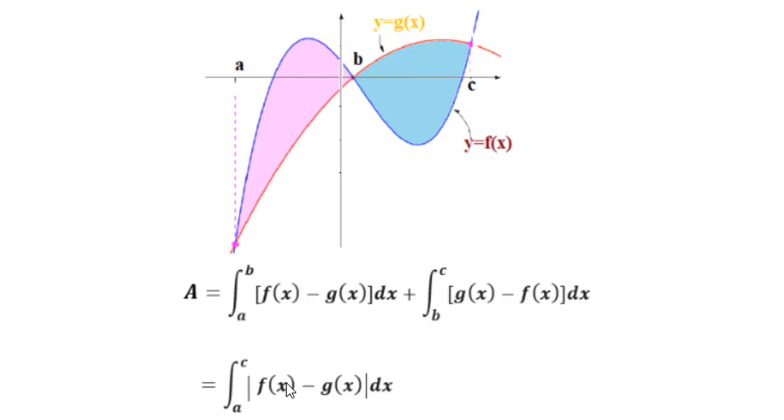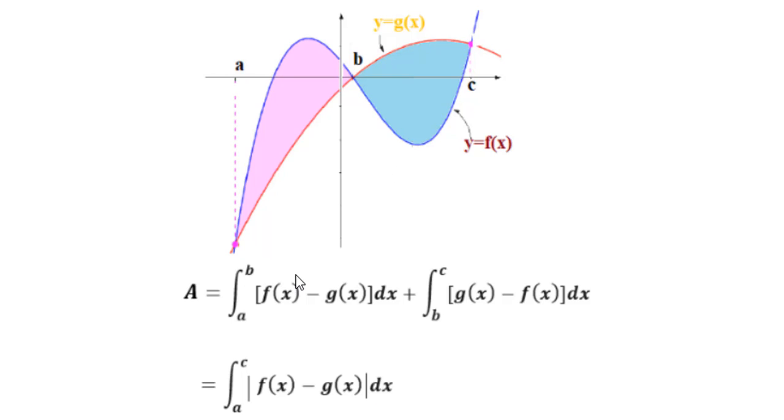You just need to put the difference of the two functions into an absolute value. Then get the very left intersection and the very right intersection, from A to C, then do the definite integral. You will get the answer.